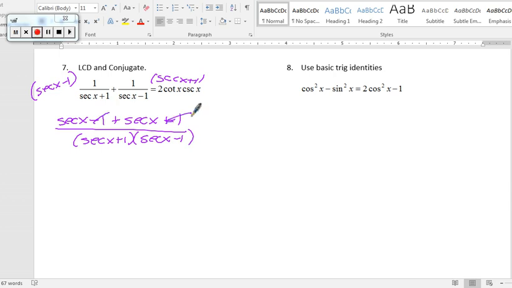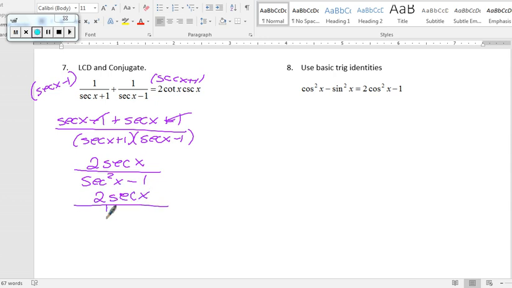So negative 1, positive 1 cancels. I wind up with 2 secant x, which is great because I'm looking for a 2 in my identity. Multiplying the conjugates, we get secant squared x minus 1. That is the same as tan squared x, yeah. We just subtracted that 1 over to the other side.